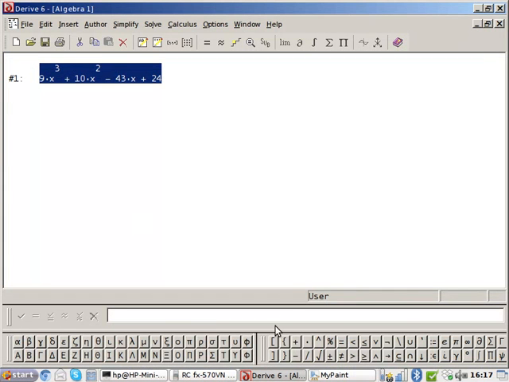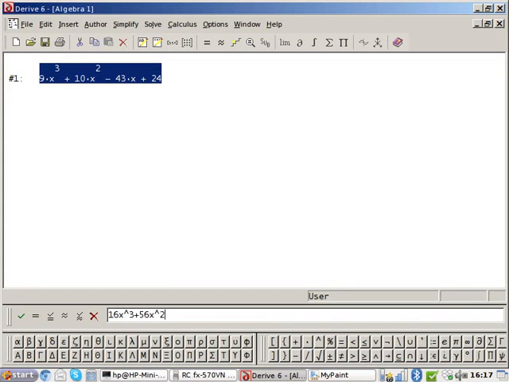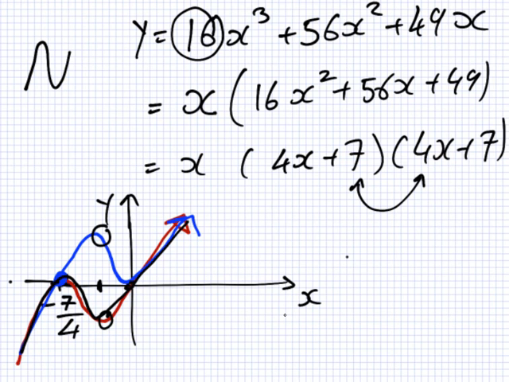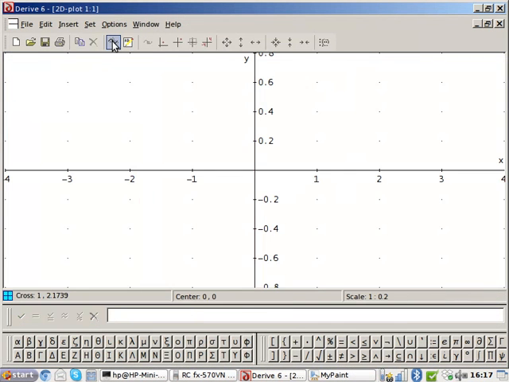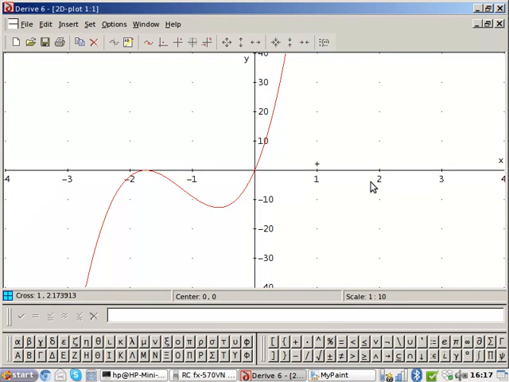What have I got here? 16x cubed plus 56x squared plus 49x. So, will it be the right graph, or could it actually be something else we haven't considered? I need to zoom out a bit. Yeah, which is the red one that I had here. So we were right to choose the red one here.